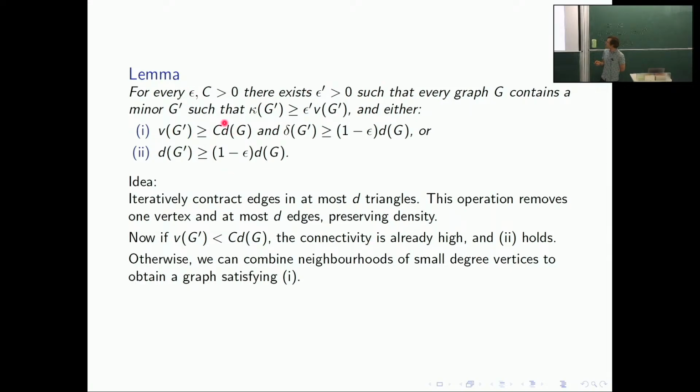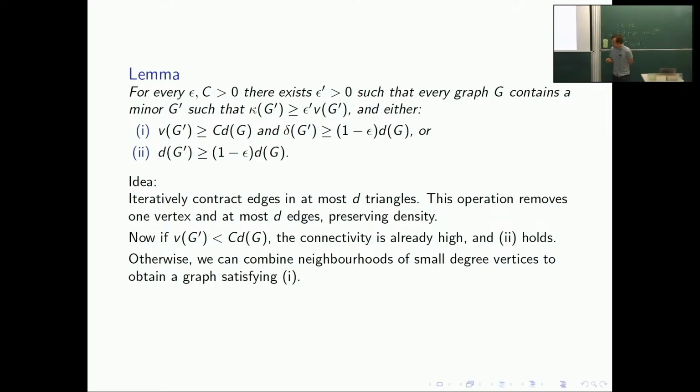So this minor has some linear connectivity. But also it almost has the same density as you started with, unless this condition here holds. So either the number of vertices is some large amount and the minimum degree is some large amount, or the density of this graph hasn't really changed much at all.